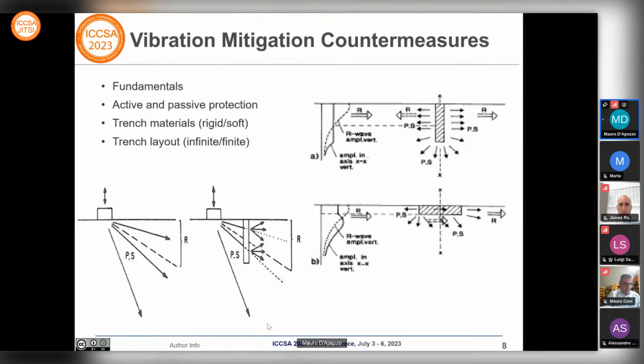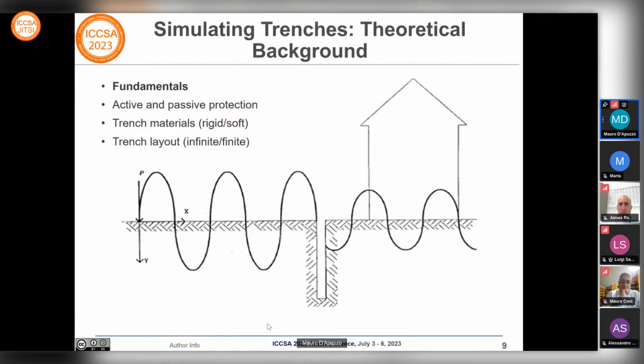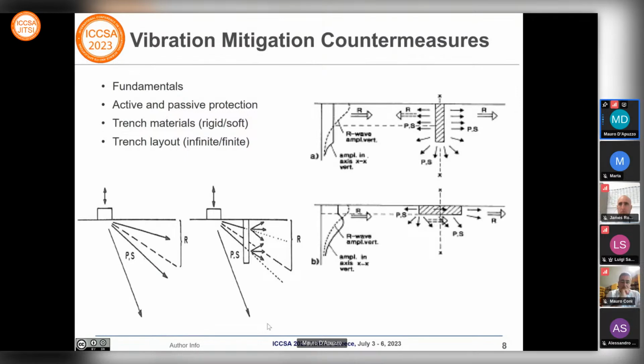But obviously in this paper we want to spend some time dealing with trenches that can be used in order to attenuate, to mitigate vibration level. Well, there is a huge, we may say, scientific literature dealing with trenches that can be used to mitigate vibration level induced by transport infrastructures.